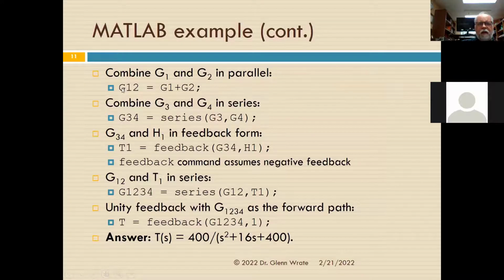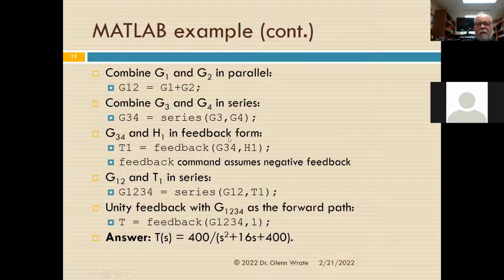So what I did there is G12 was just G1 in parallel with G2. So we just had to add. We can't just multiply 2 transfer functions together, so we use the command series, and that is taking those 2 transfer functions in series.